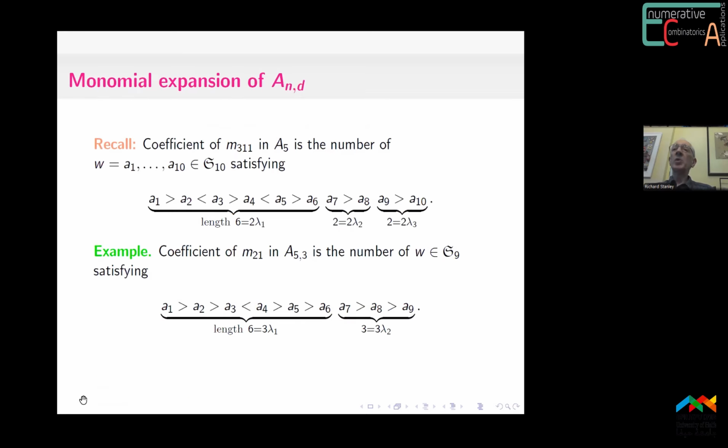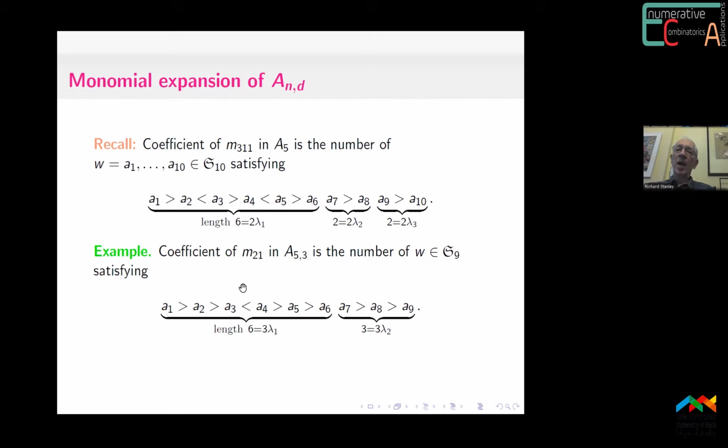Now, the monomial expansion of A of n, d is, again, completely analogous to that of A of n, 2. Remember, the coefficient of m_lambda we got by doubling the parts of this partition and placing an alternating permutation of length equal to twice the length of this lambda.